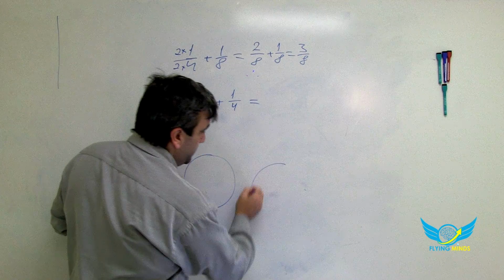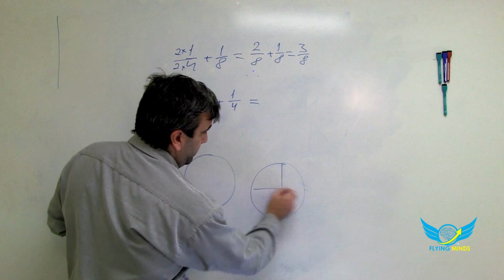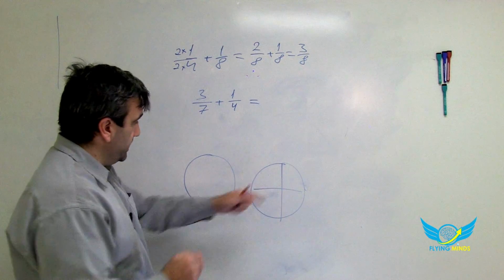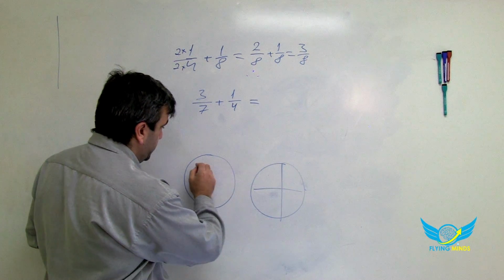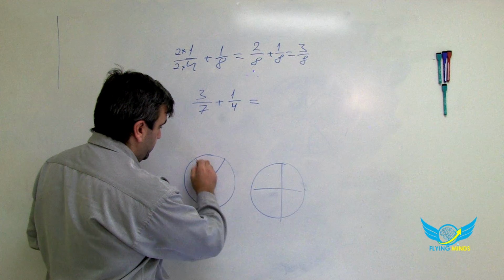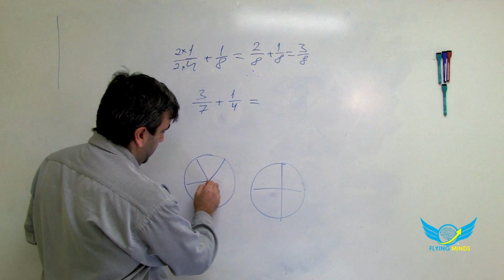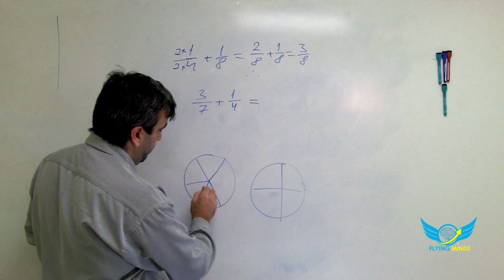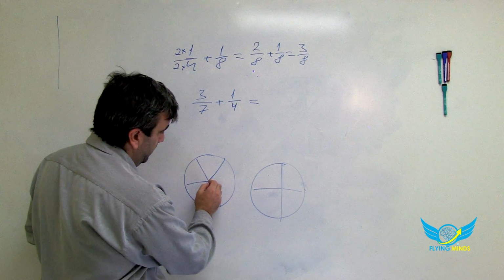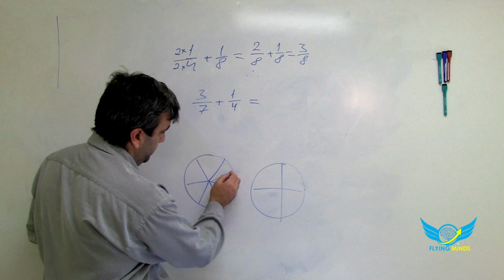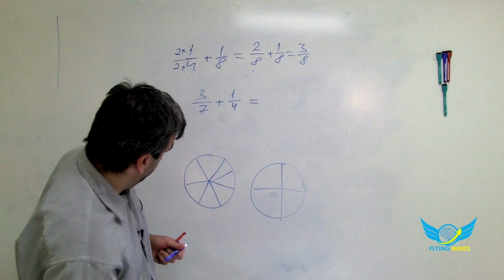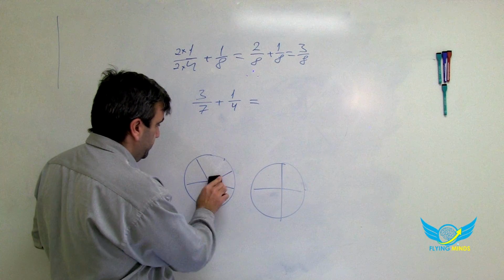If we use pizzas, this pizza was divided into 4 pieces, and this one was divided into 7.